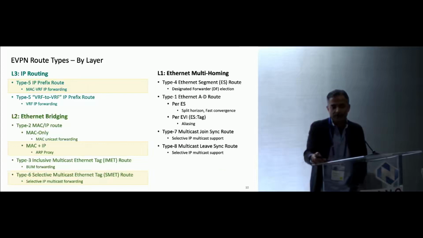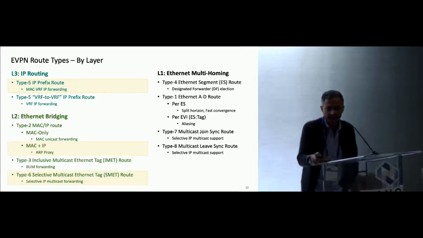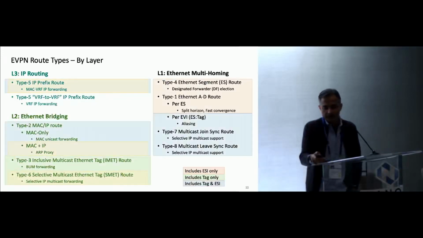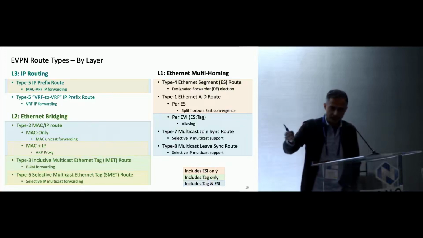Now, the last category of routes is the L1 routes. This is unique to EVPN. It actually trades routes that are basically about the interfaces. And yeah, there is some additional detail which I'm not going to cover here, but as you can see, in EVPN there is L1 all the way to L3, right?